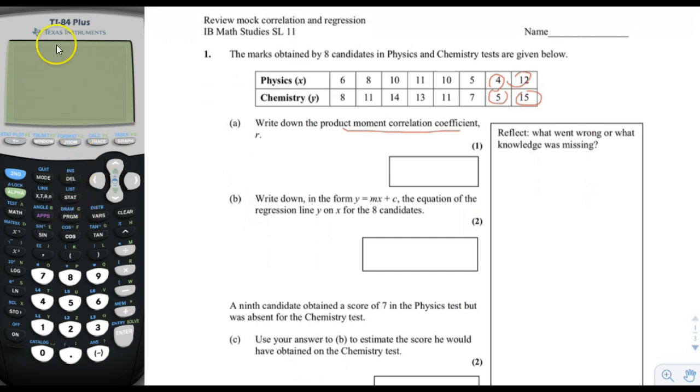So after this is done, one of the things you're going to want to do is turn back on the display for product moment correlation coefficient R, which you do by going into second catalog, and then you scroll down to where it says diagnostic mode on.